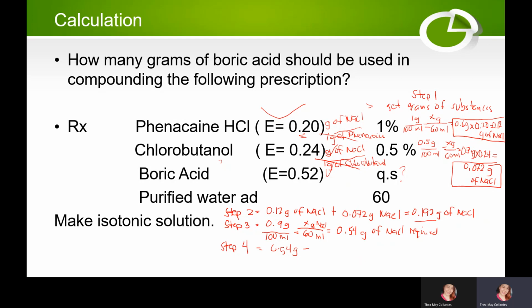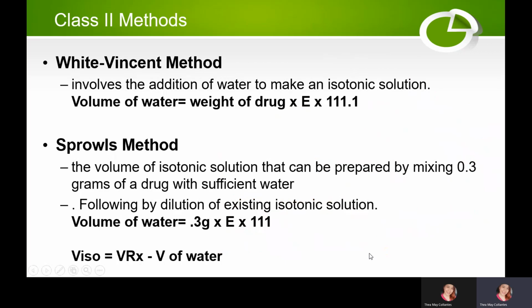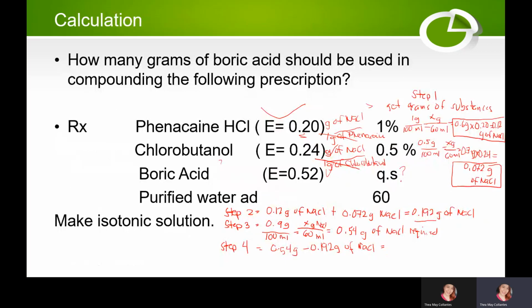Okay. So 0.54 grams minus 0.192 grams of NaCl would be equal to 0.348. Hopefully you are calculating as well. Of NaCl, for boric acid.